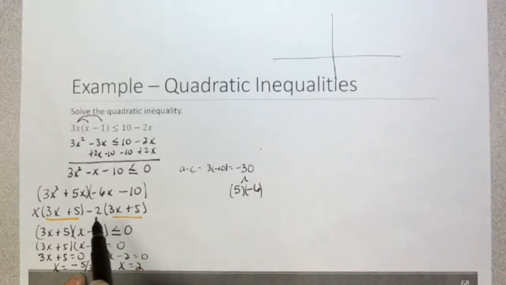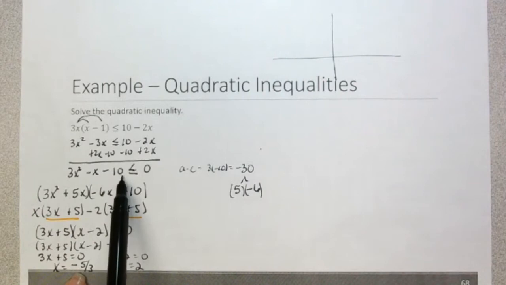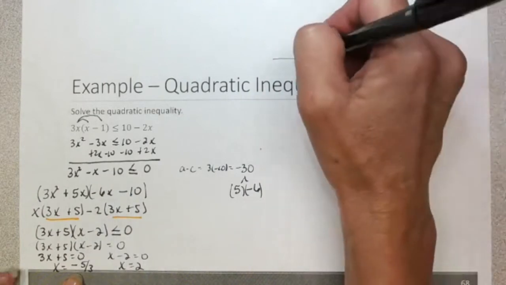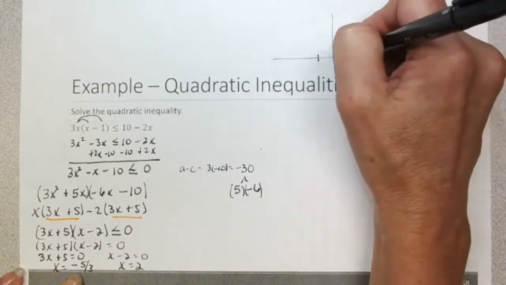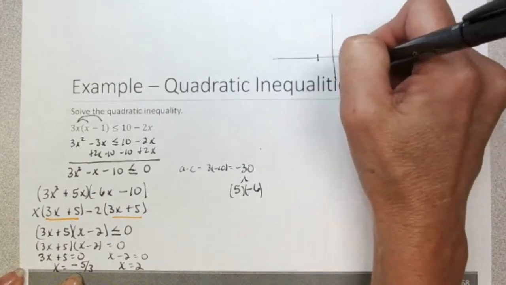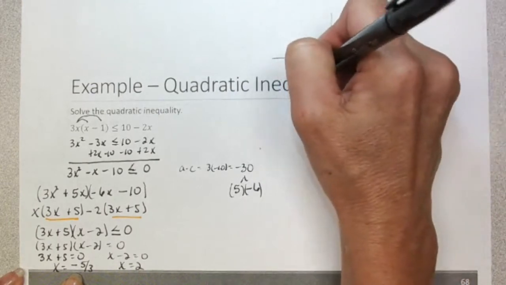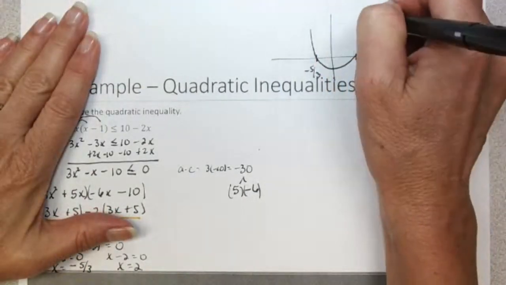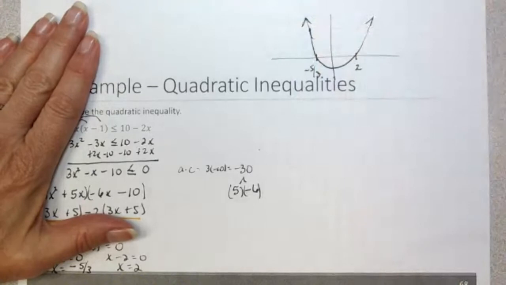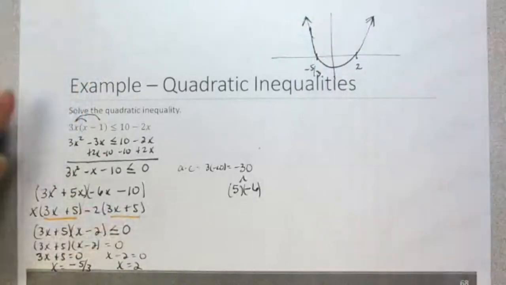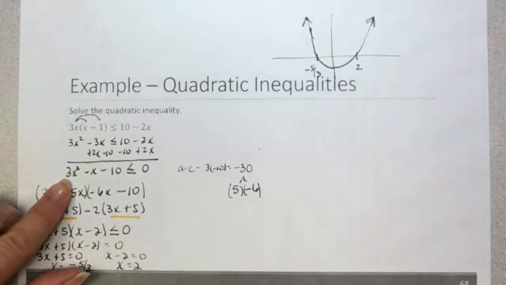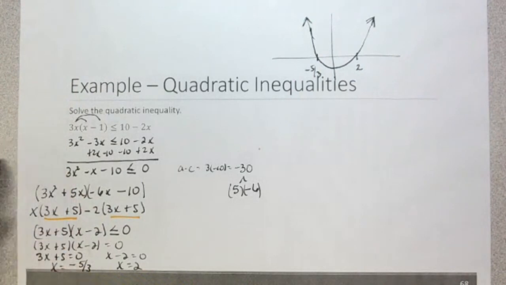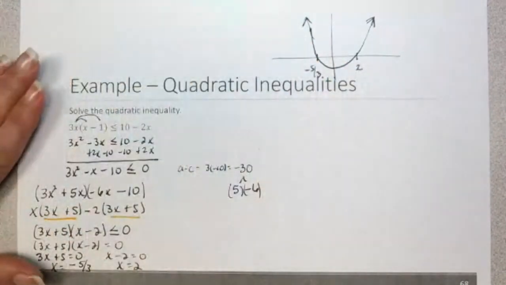This is an upward opening parabola. It's going to intercept the x-axis at negative 5/3 and x equals 2. So this parabola is something like this. I don't really know where that y-intercept is, but it's going to look something like that because it's upward opening, right? A is positive, opens up, and it has these x-intercepts.